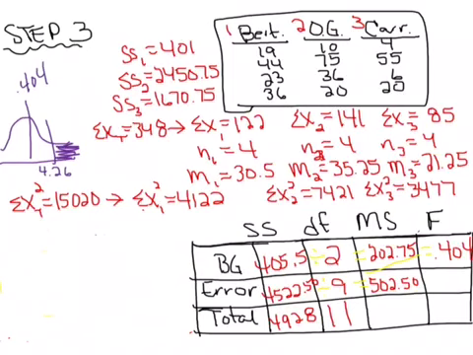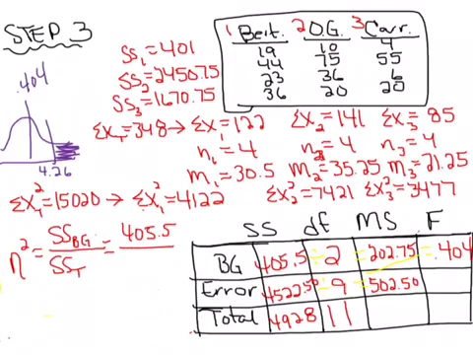So to get an effect size, we're going to use eta squared. And so we are going to use the sums of square between groups and divide it by the sums of square total. So it ends up being 405.5 divided by 4,928.